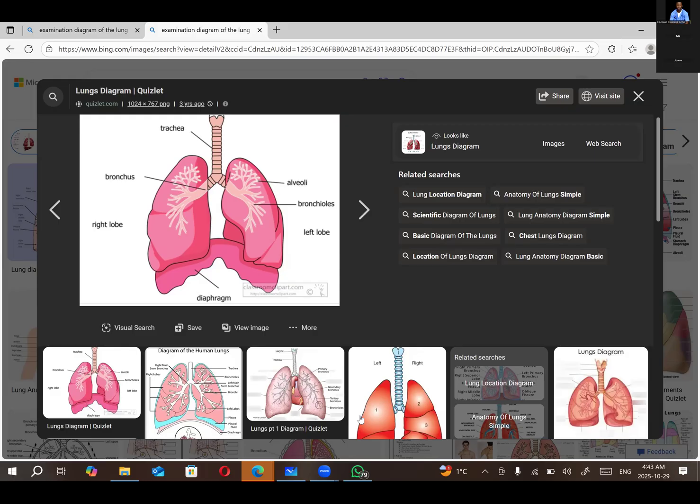Each single lung has these. And we'll look into that when we're talking about respiration. But for the purpose of respiration, we want to look at how the lung is and its function.